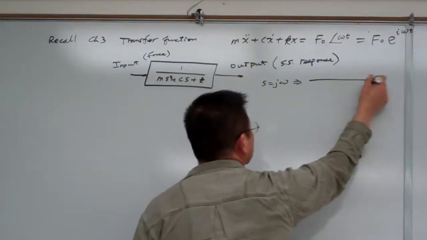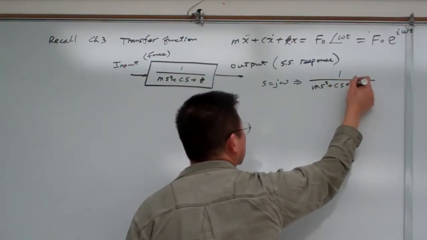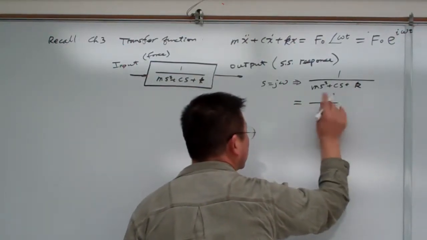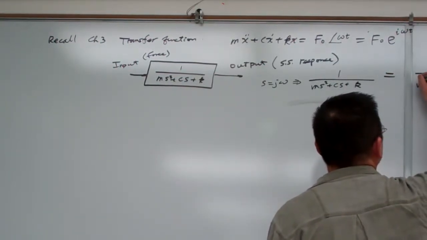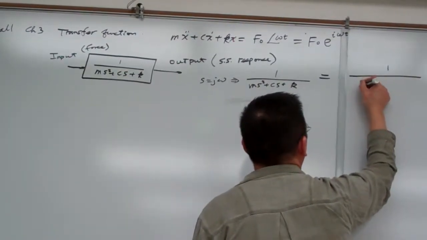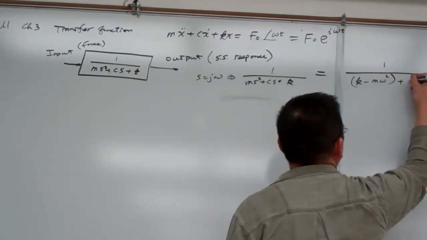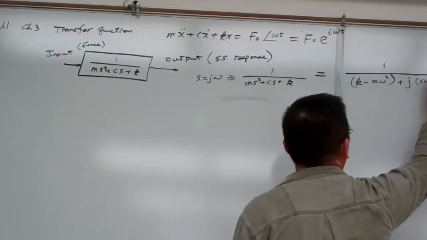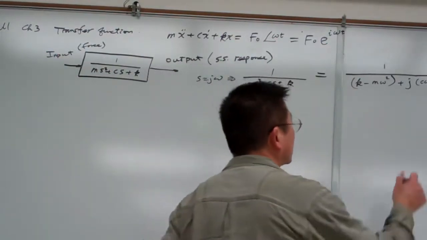So in this case, the m s squared plus c s plus k will become k minus m omega squared plus j c omega. Okay? So this is a complex number.